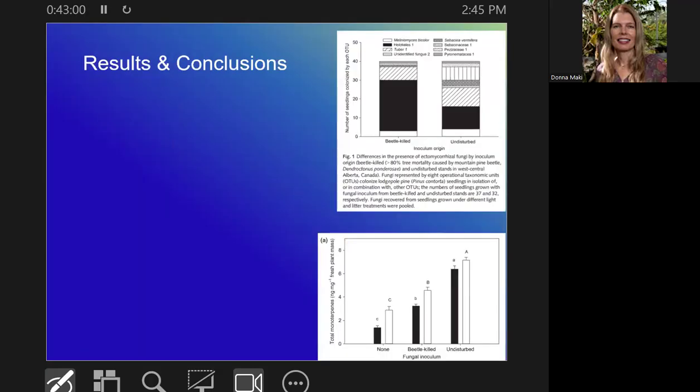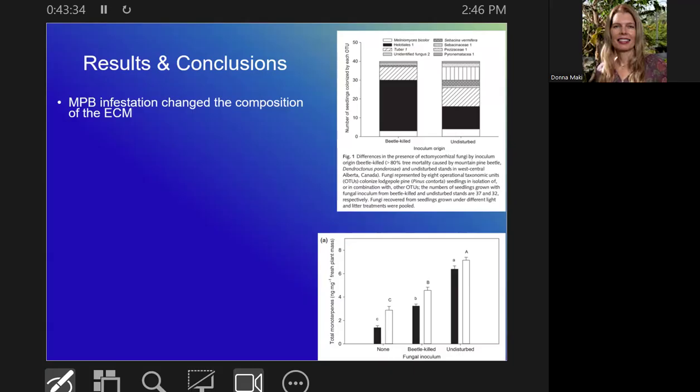Okay, so in their work, when they were looking at this, the mountain pine beetle definitely was changing what kinds of mycorrhizal fungi were showing up. So if you look at that top bar graph, you can see the legend there is describing that the different parts of the bar graph are different mycorrhizal fungi. So you can see just by an initial look that those two bar graphs look different from each other.